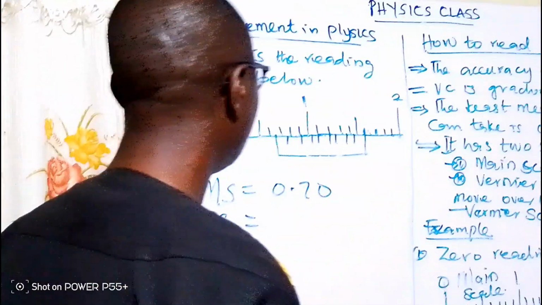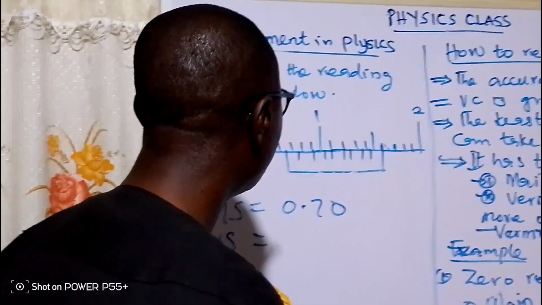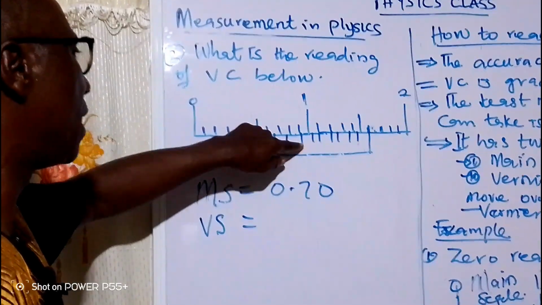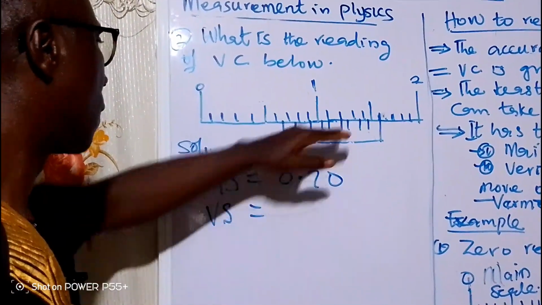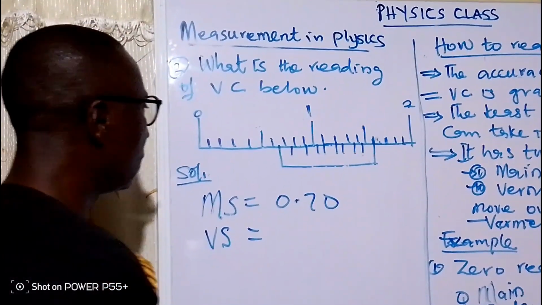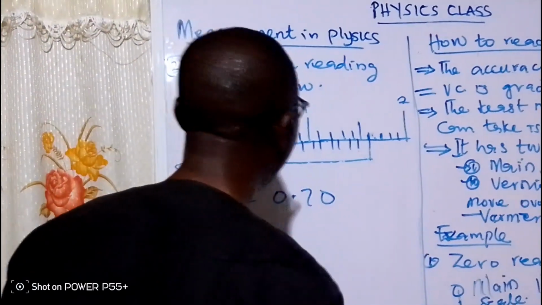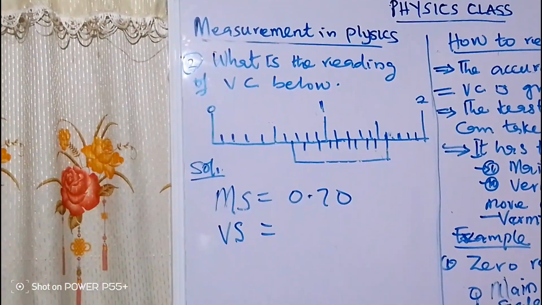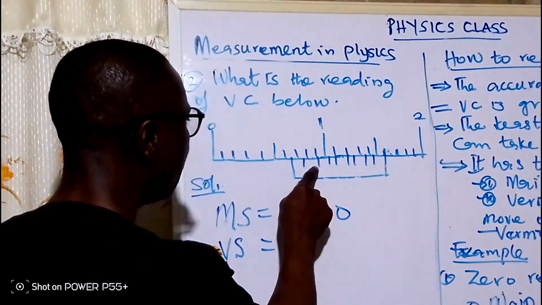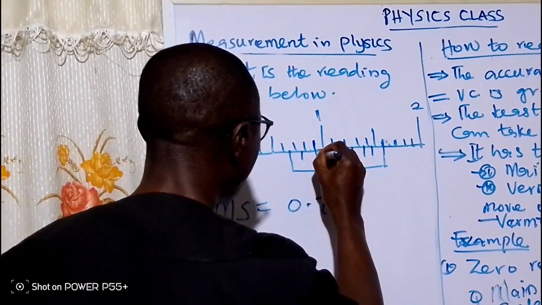Now for the vernier scale, it has 9 divisions. Look at where we have the overlapping of the main scale and the vernier scale. The point of overlapping is more than 1. Let's count: 1, 2, 3, 4. We have 4 places where we have the overlapping, but we start from the zero arm. The first overlapping is the correct reading. So you take the reading on 1, 2.